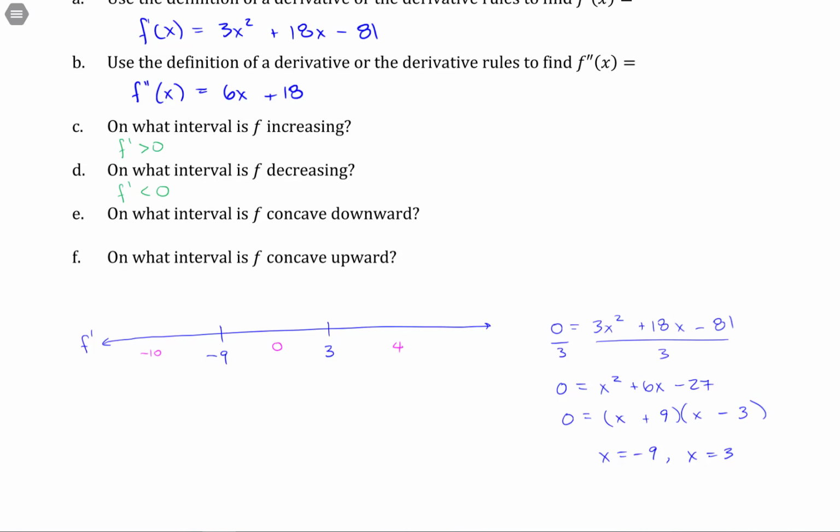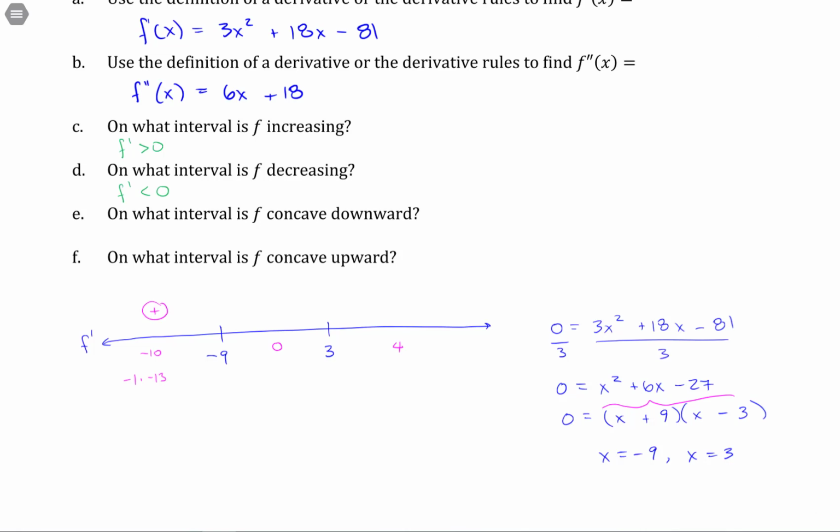Or what I find is if you use this factored form, it's fairly straightforward because when you take negative 10 and plug in here, this would be negative 10 plus 9, which would be negative 1. Then negative 10 minus 3 would be negative 13. And I don't need to know what that value actually is. I just need to know that it is positive.